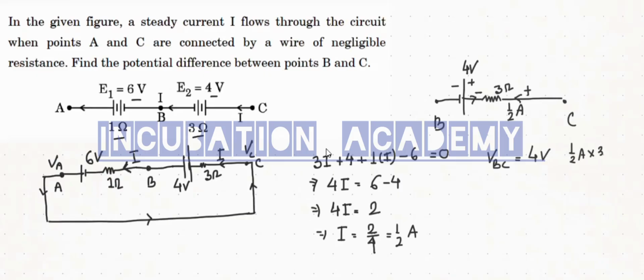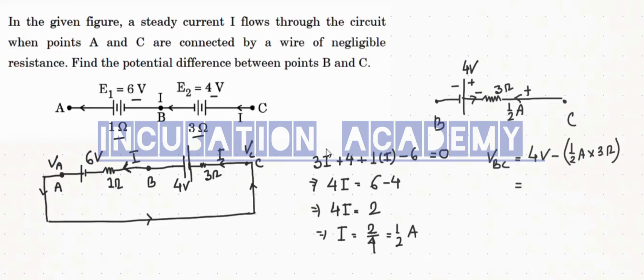The potential drop across the 3 ohm is opposite to it, because the 1 by 2 ampere is flowing from C to B, while the 4 volt would drive current from B to C, so the directions are opposite to each other.